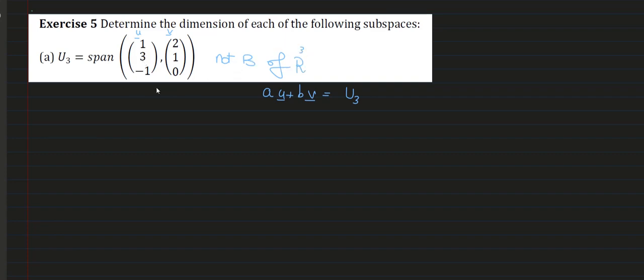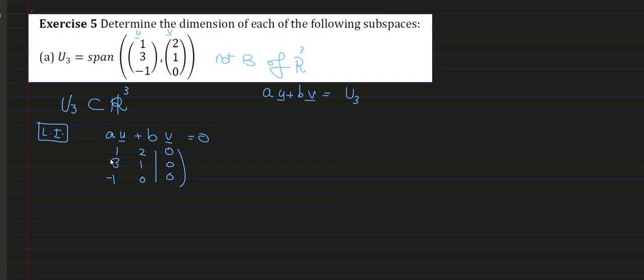Now I will check for the linear independency. It seems that U3 is a subset of R3. Okay, so I will check the linear independency, because they have to be a basis. For the linear independency, you will do the test a times u plus b times v equals 0, replacing 1, 3, negative 1, and 2, 1, 0, and the vector of zeros.